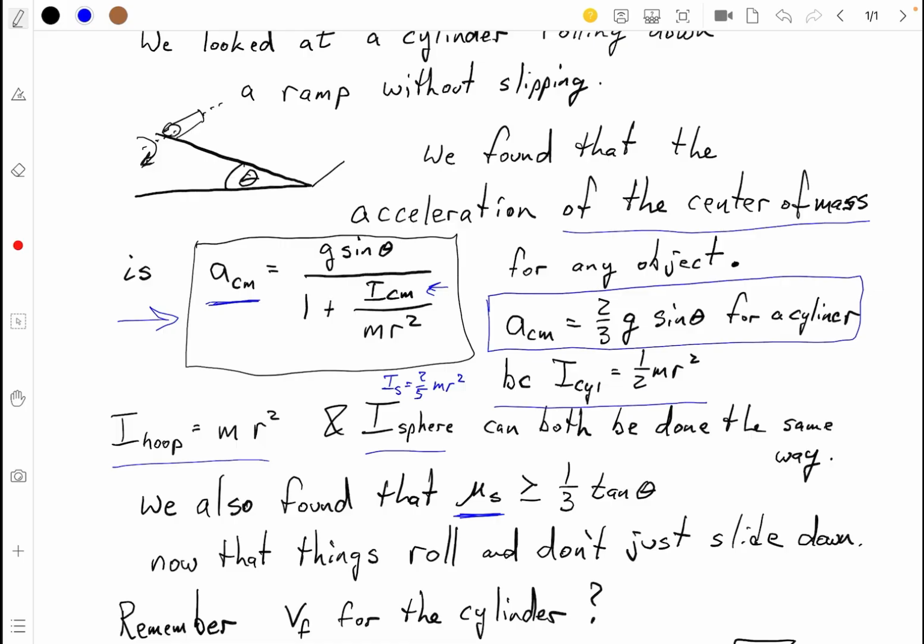But if your tires are rolling with the ground, they're touching the ground and they don't slip. So rolling, even though you're moving, you're doing static friction. At any rate, we found that mu static has to be greater than or equal to 1/3 tangent of theta for things to roll, okay? Because they're not just sliding anymore.